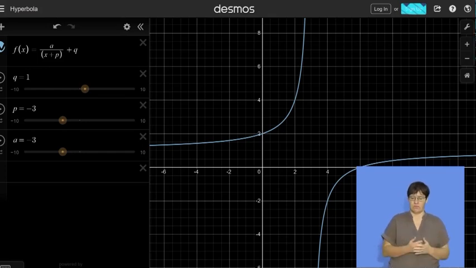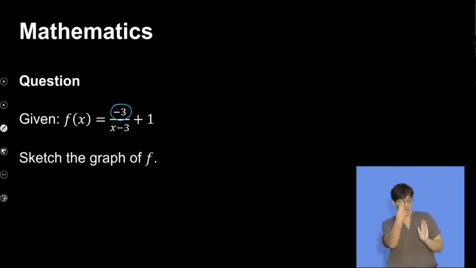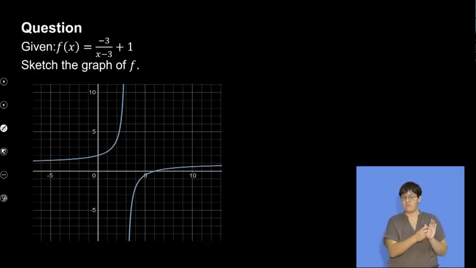So to answer the question, sketch this particular graph, our graph will look like this. Now, you can see that on the diagram I did not show the asymptotes because I wanted you to see how to actually do that. So you will take your ruler, and at positive 3, because it was moved 3 units to the right, that's where the first asymptote will be.